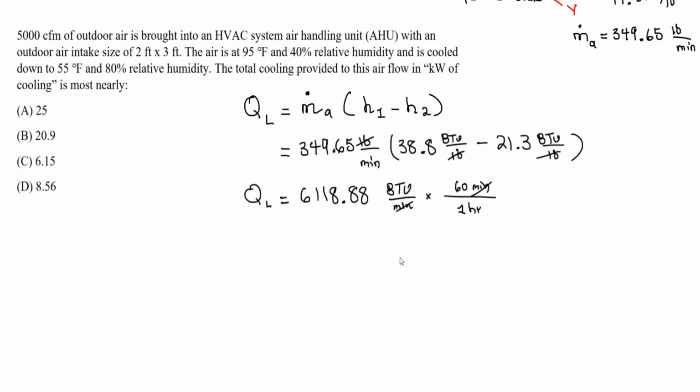The minutes cancel, and we get our new value in BTU per hour. So I'm going to take this and multiply it by 60. It's around 367,132.5 BTU per hour.